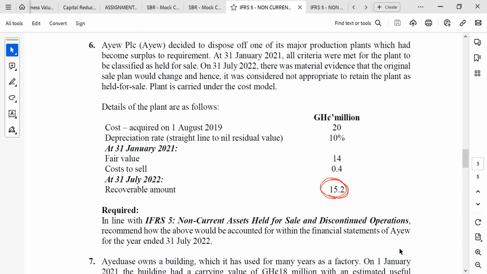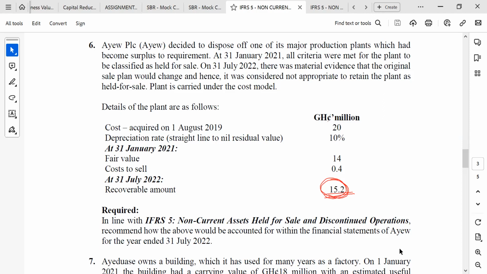The carrying value is lower, so it means the asset has not impaired at the date of the reclassification. So you just assume that the reclassification was not done at all. If it was not done, what should have been the carrying value of the asset?